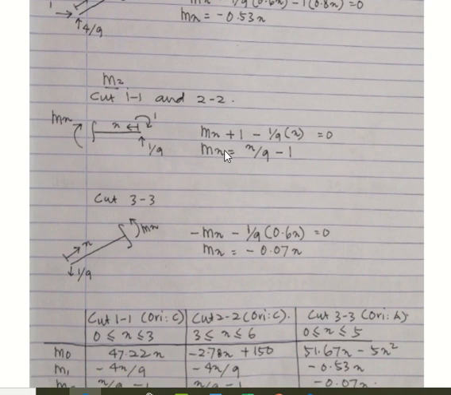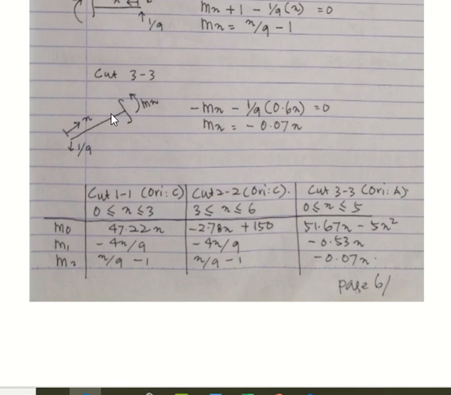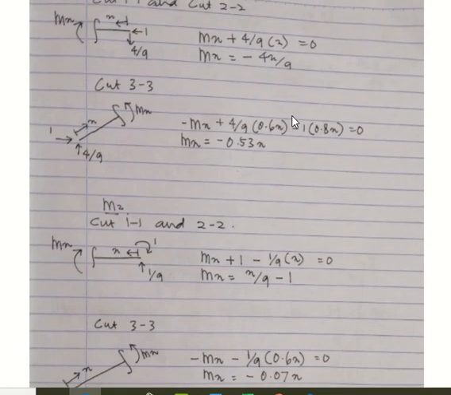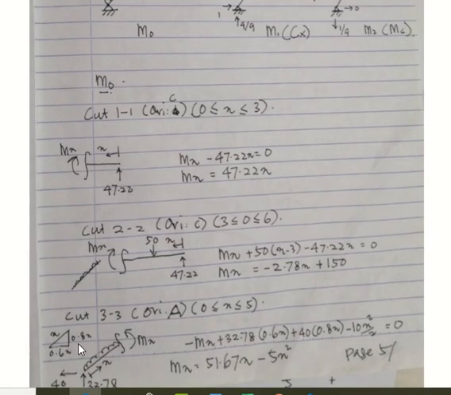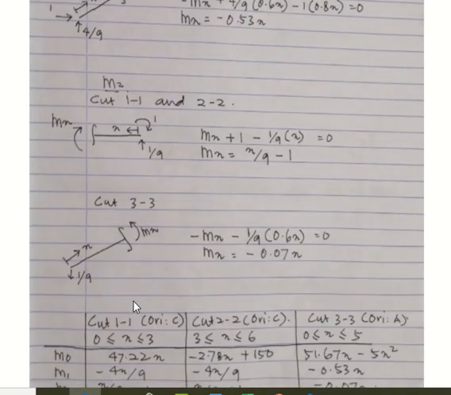And then for cutting number 3, consider the left-hand side structure. Again we calculate the moment at cutting number 3 here: minus Mx minus 1/9 multiplied by this horizontal distance. Horizontal distance means 0.6x as mentioned here, because x follows the incline.